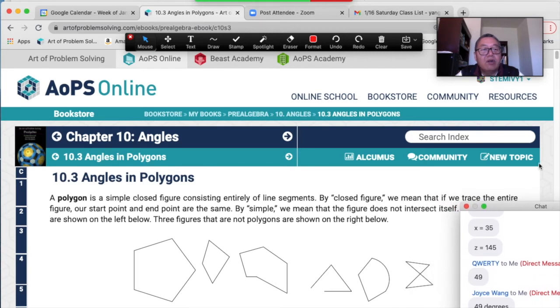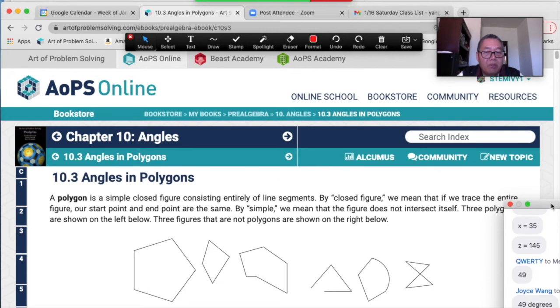Okay, so to learn this, first you need to know what is a polygon. A polygon is a simple closed figure consisting entirely of line segments.